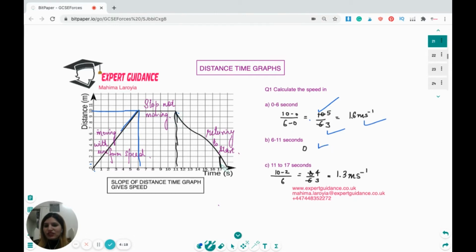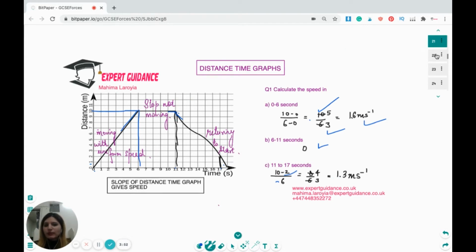Now from 11 to 17 seconds, we can assume this to be an ideally straight line, and we can work out the gradient by doing 10 minus 2 over 11 minus 7, which is minus 6. So it will come out to be 1.3 meters per second. Okay, so it is slowing down with the speed of 1.3 meters per second.